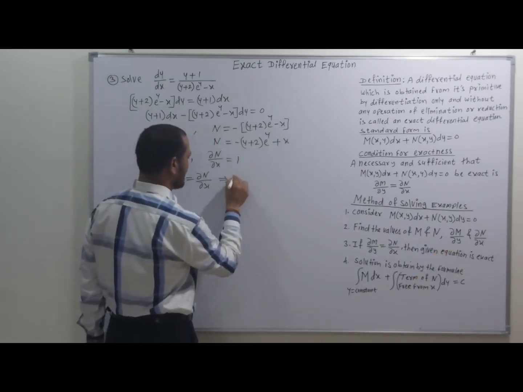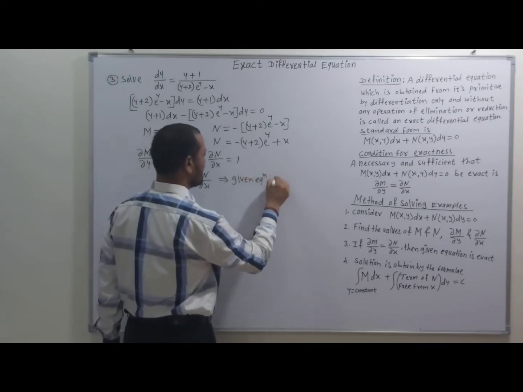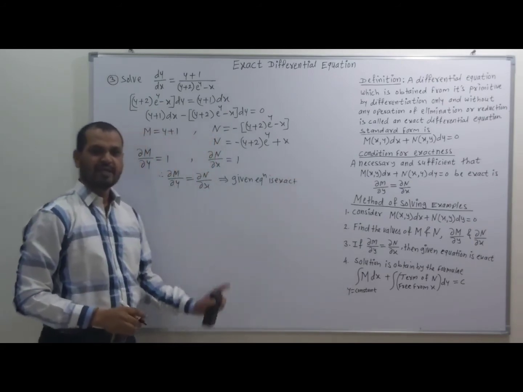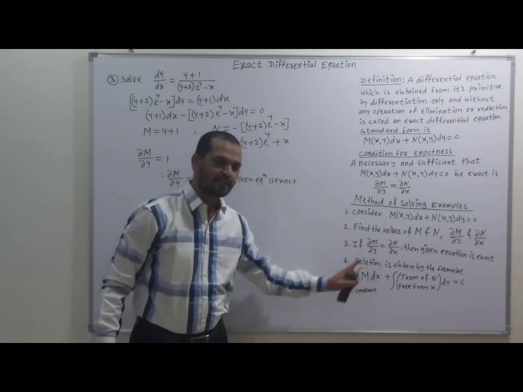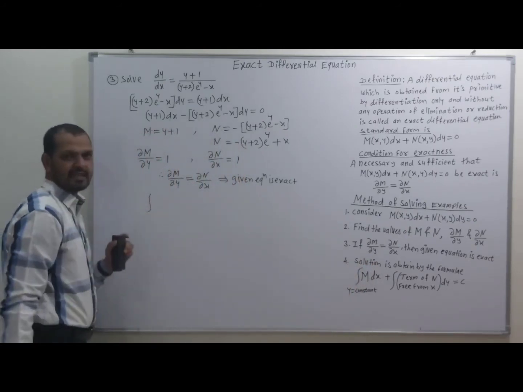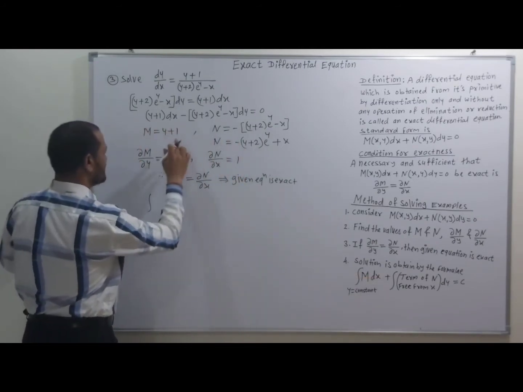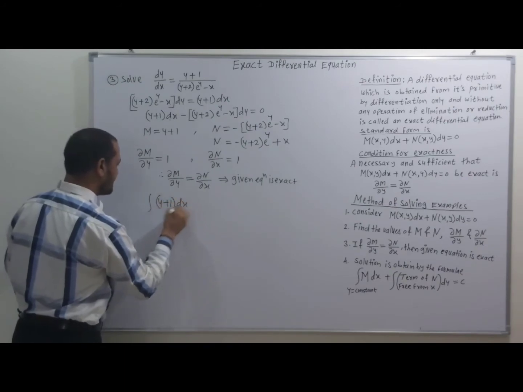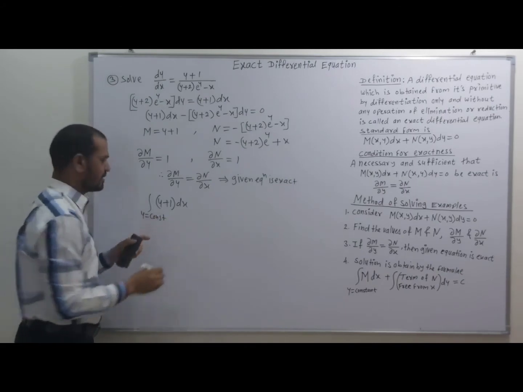So this implies that the given equation is exact. As the given equation is exact, we use this formula for obtaining the solution. I will directly put the values into that result. We can write this as the integration of M dx. The value of M is y + 1, so we write the integral of (y + 1) dx. In this first integration, y is treated as constant.